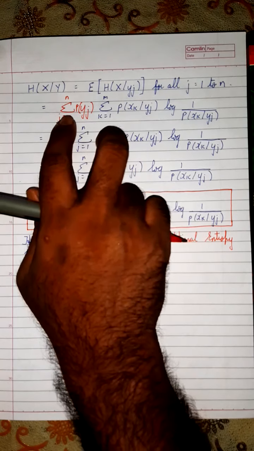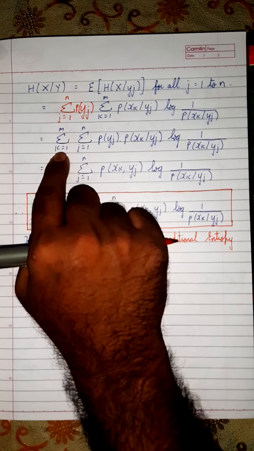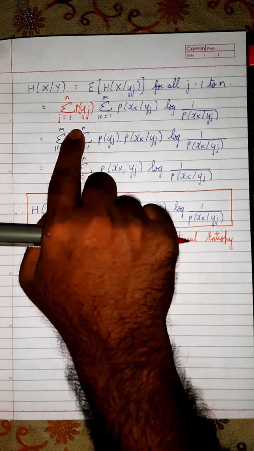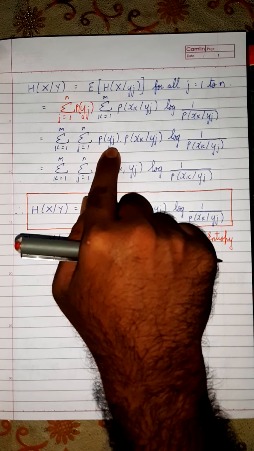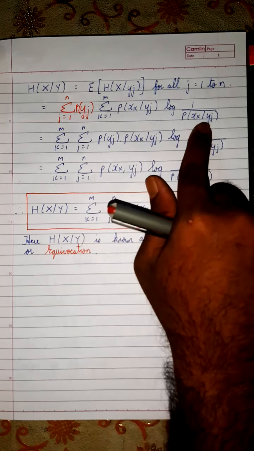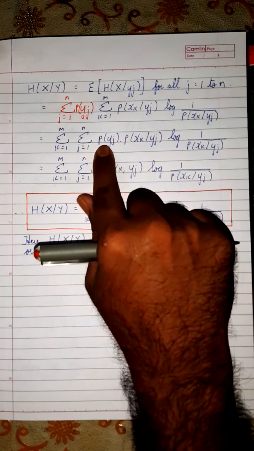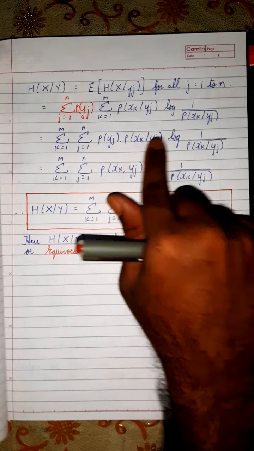So what will I get? Now I'm going to join these two summations together. So it will become sigma k is equal to 1 to m, sigma j is equal to 1 to n, and this p of yj is over here into p of xk by yj log of 1 by p of xk by yj. Okay, but what is p of yj into p of xk by yj?